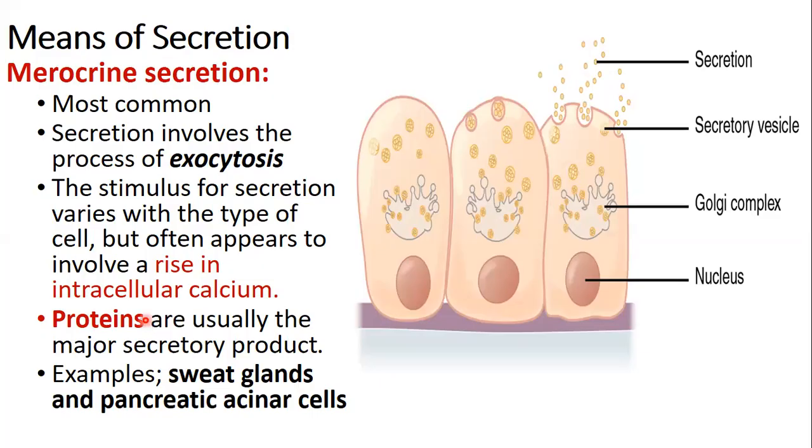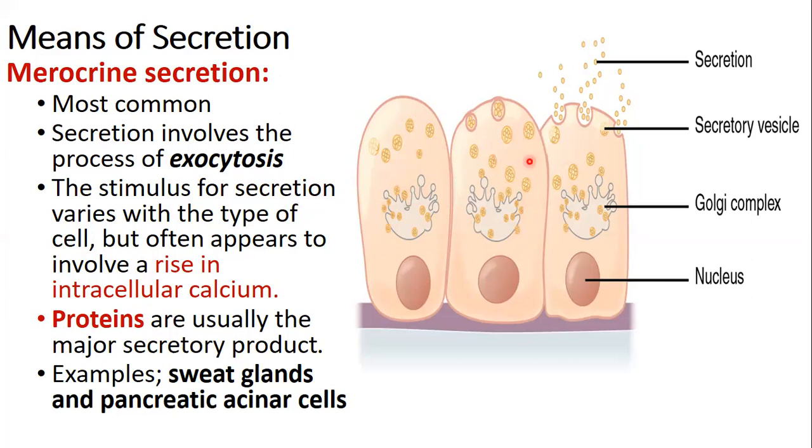Following that, we see that in some glands, the cells in the secretory unit synthesize the product, of course, by rough endoplasmic reticulum, smooth endoplasmic reticulum, and Golgi apparatus, and then store it in the cytoplasm in the form of vesicles.